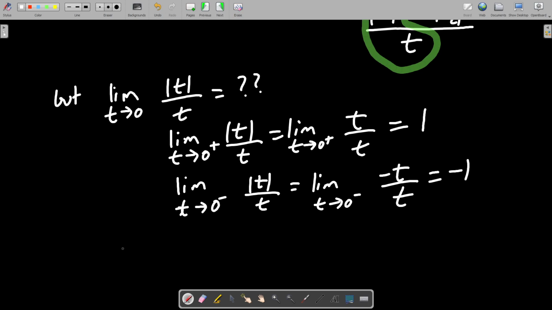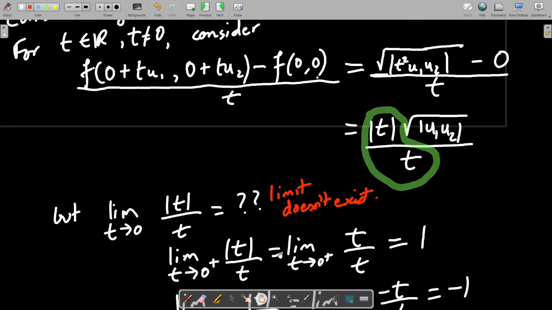Hence the limit does not exist. So what can you say about the directional derivative over here?